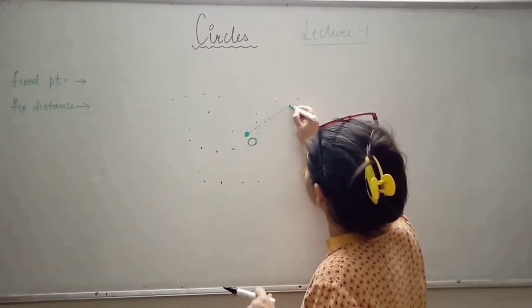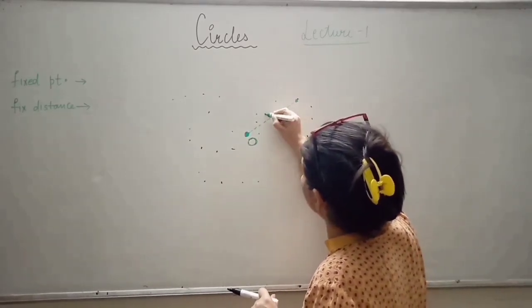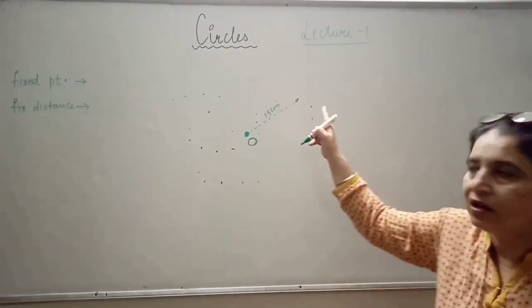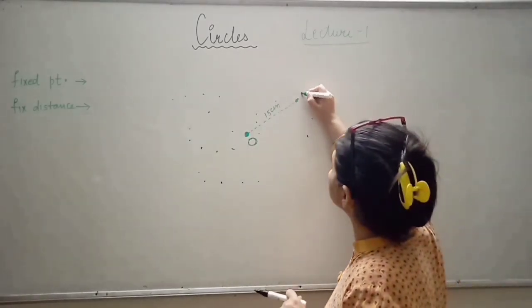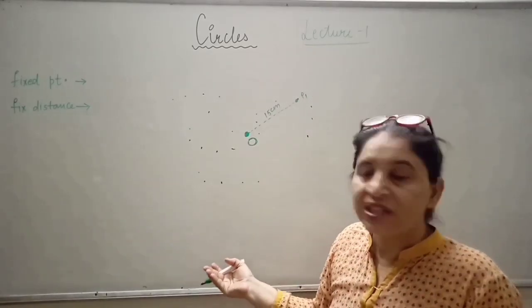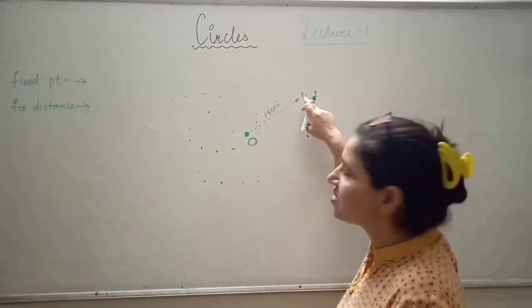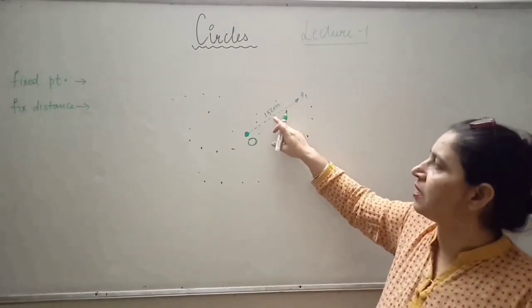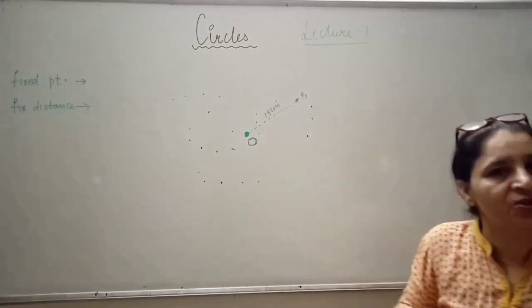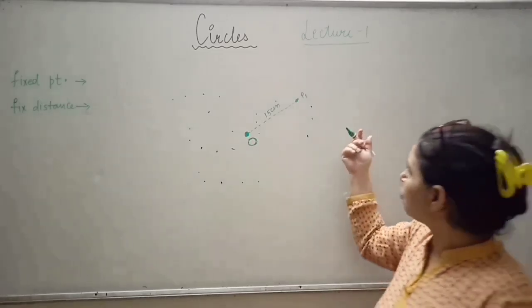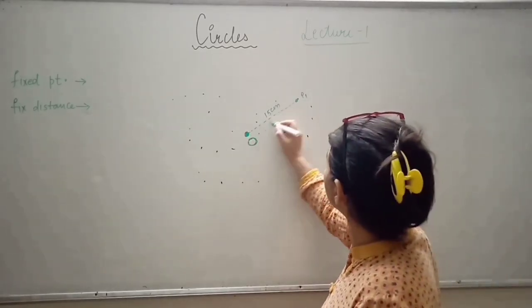Suppose this is one point which is at 15 centimeter. I have fixed 15 centimeter. So now this is point P1. But this point P1 is not the only point which is at 15 centimeter away from this fixed point O. There are many others also. Let us locate those also.